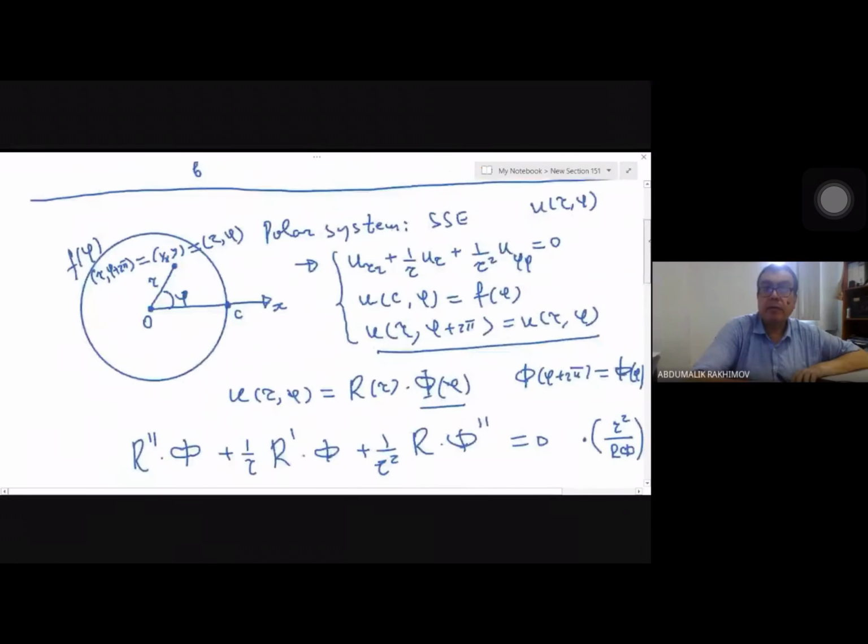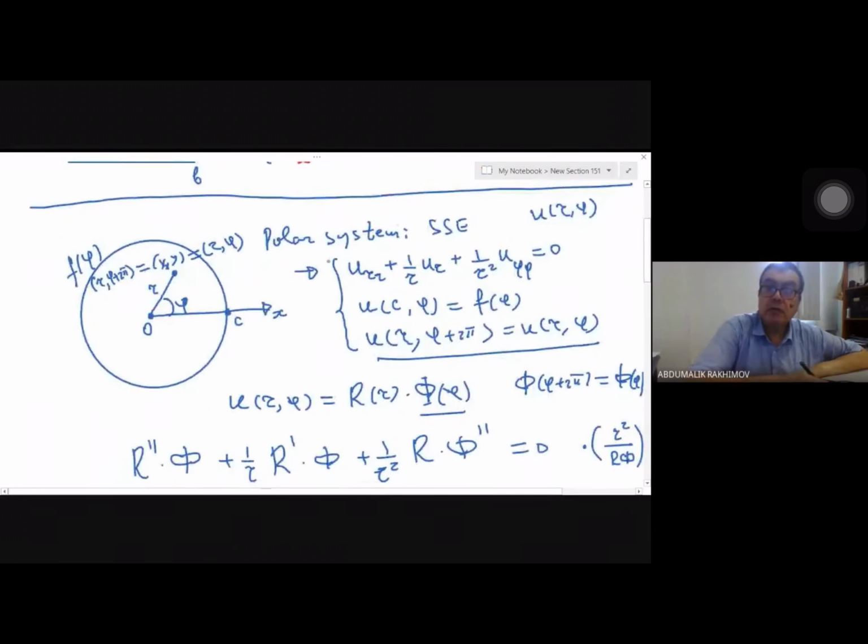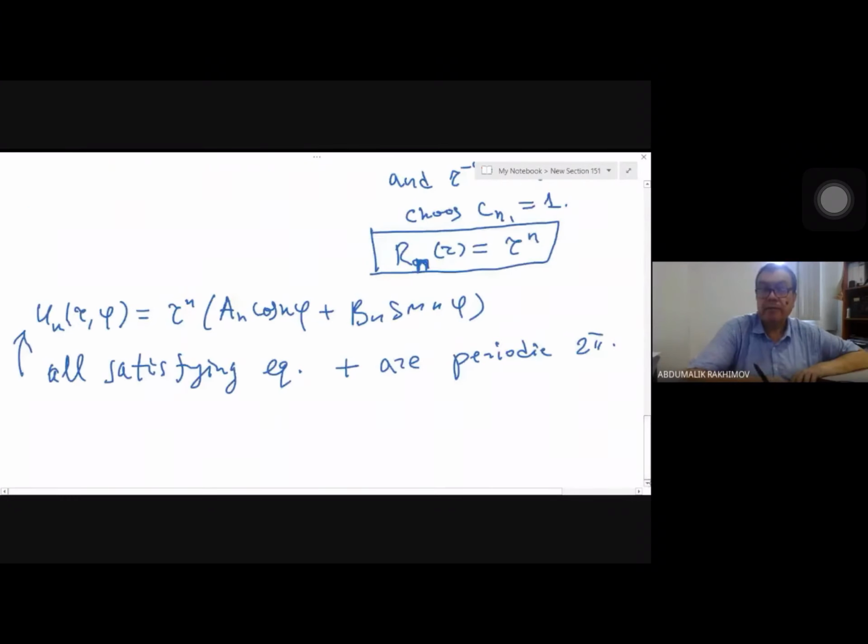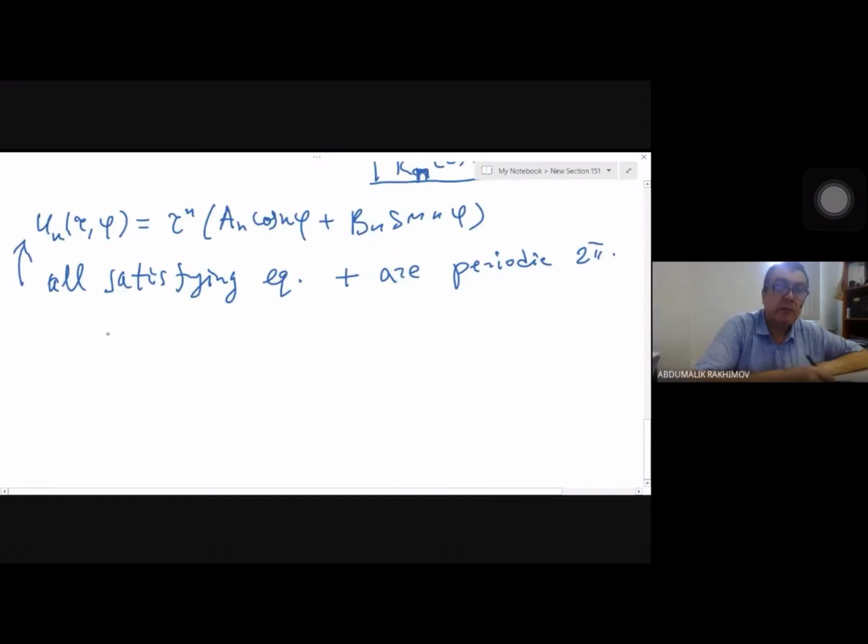But our problem has boundary conditions. So we found many solutions of this equation which are periodic, but now we have to check the condition U(c, phi) must be equal to f(phi), right? So we will search for the solution as a combination of all these.